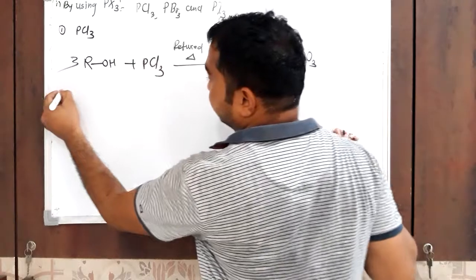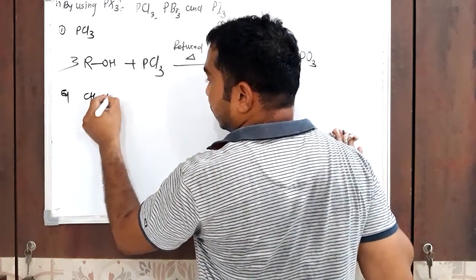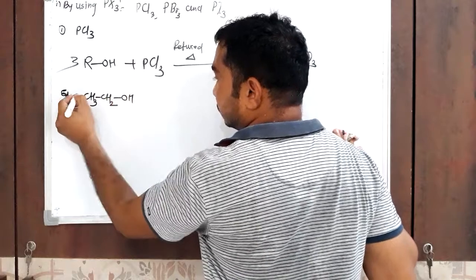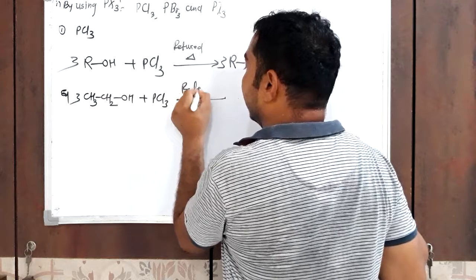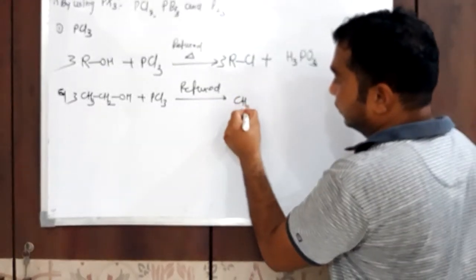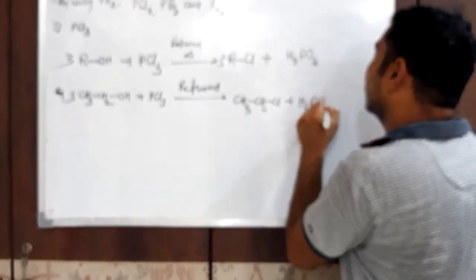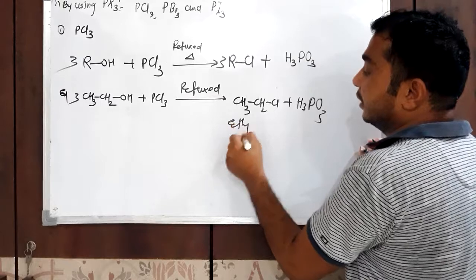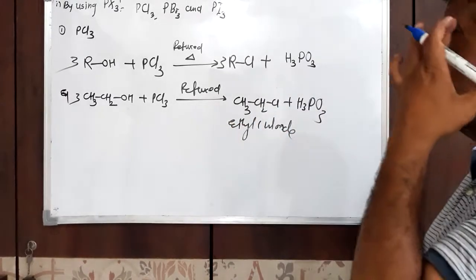For example, three molecules of ethanol plus PCl3, reflux, and then you will get CH3CH2Cl plus H3PO3. That is ethyl chloride.